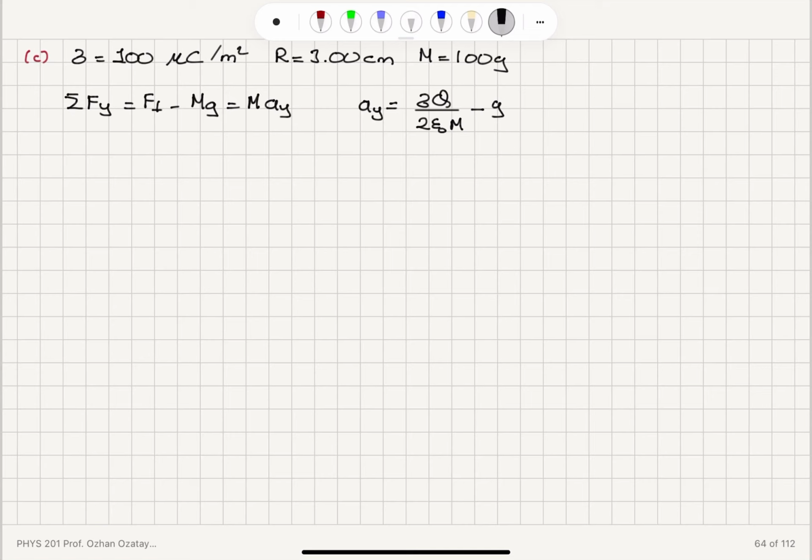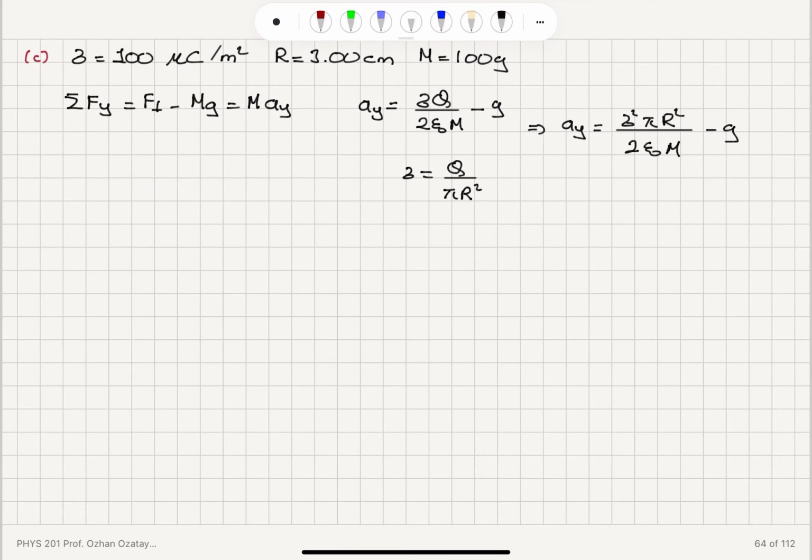Now, sigma, the charge density, is q divided by pi capital R squared. Remember, they have the same sigma. So I can write the vertical acceleration to be, for q, I'm substituting sigma times pi R squared. So this is going to become sigma squared pi capital R squared divided by 2 epsilon 0 capital M, minus g.